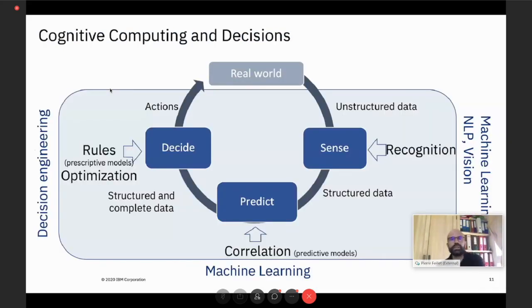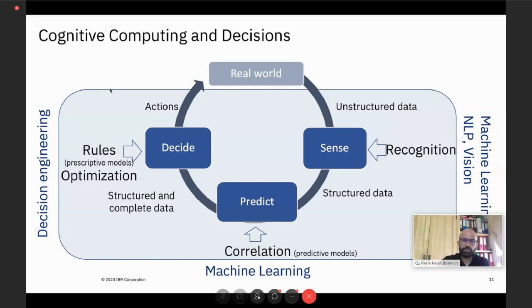So starting from the real world, from pictures, from sensors, we can start by sensing and getting object detections, any form of recognition, starting from pixels and applying OCR, and OCR is not new per se. And from the structured data, we can continue and establish correlations with machine learning.